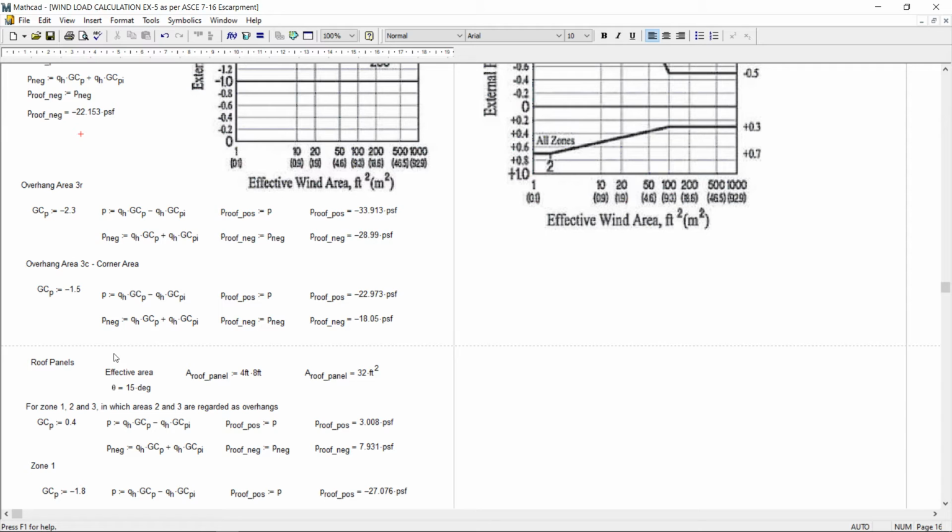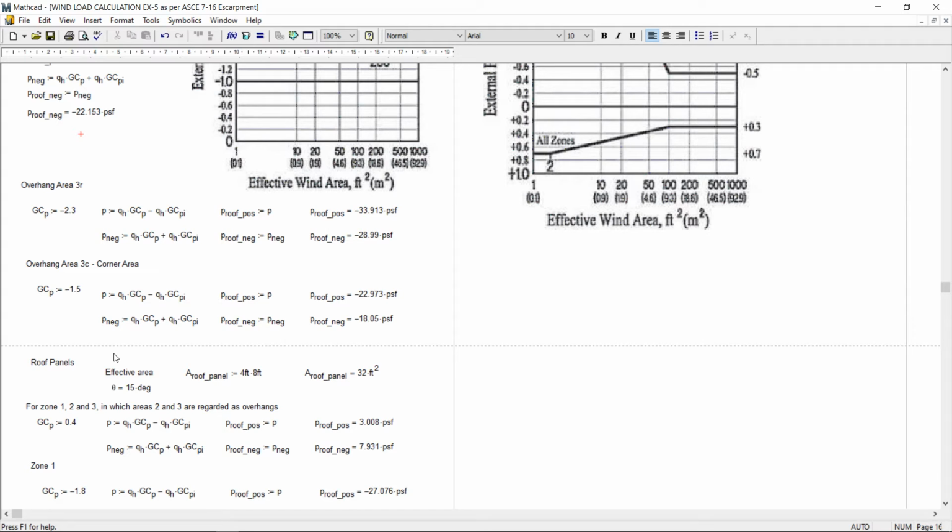Now, a very important question. There are 4 wind directions, A, B, C and D, and there are 12 surfaces here and there. And for every surface there are 2.